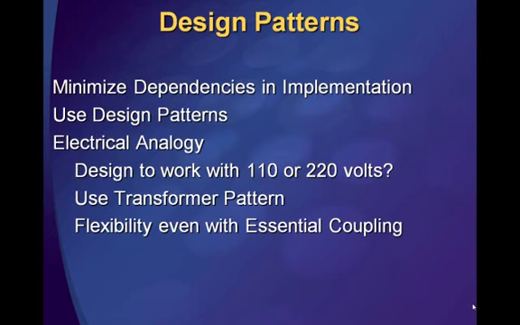Restricting yourself to essential coupling is not enough, though, nor is using interface inheritance or object composition enough. You want to make your interfaces easy to modify. Even within the implementations themselves, you want to minimize dependencies so that the implementation is easy to modify. Because at some point, you actually have to have an implementation.